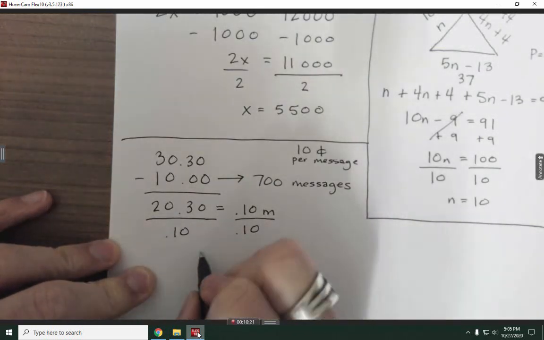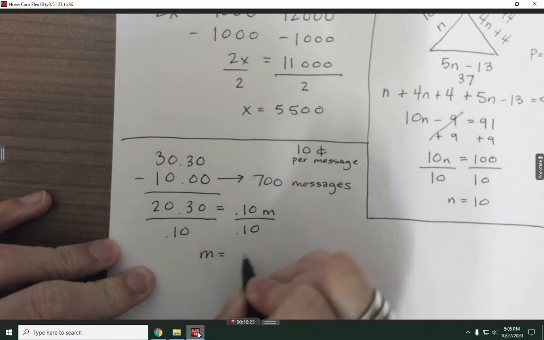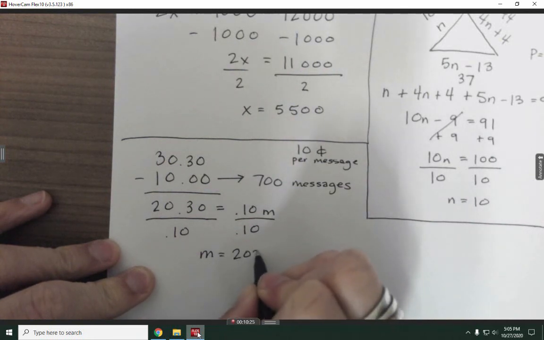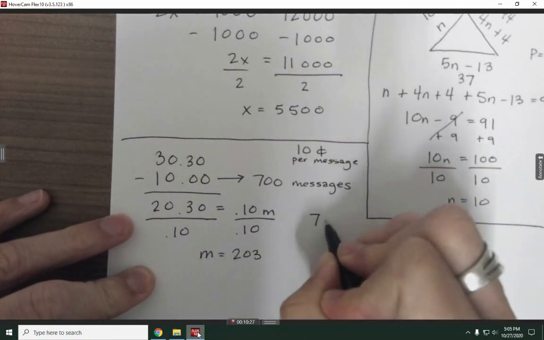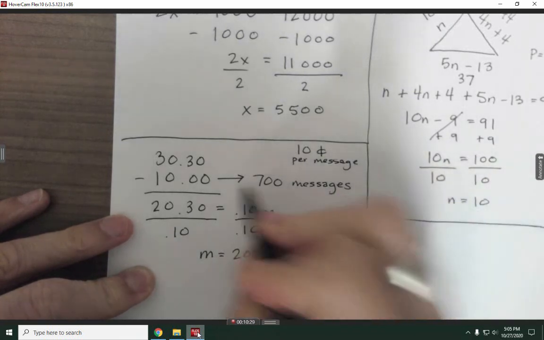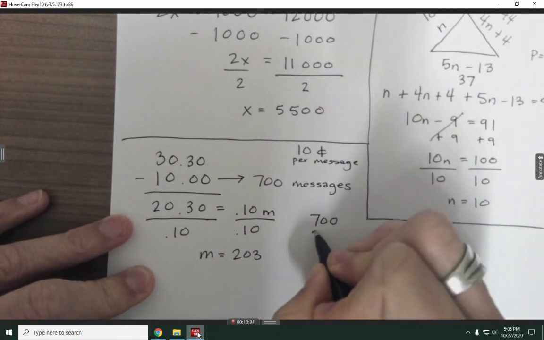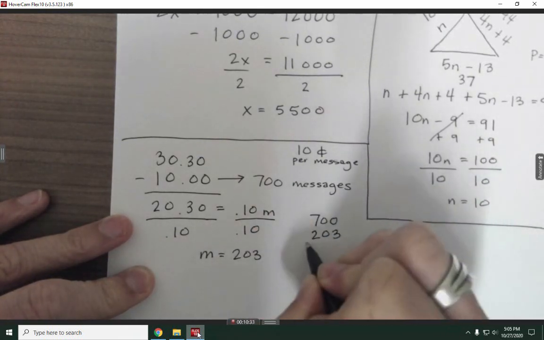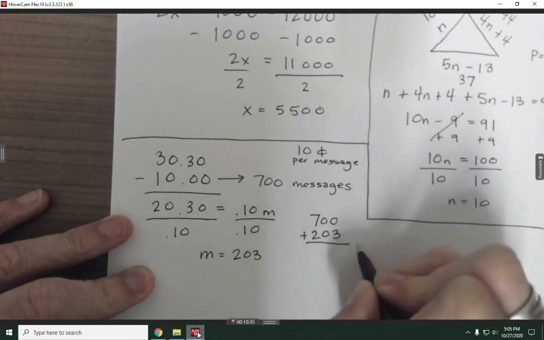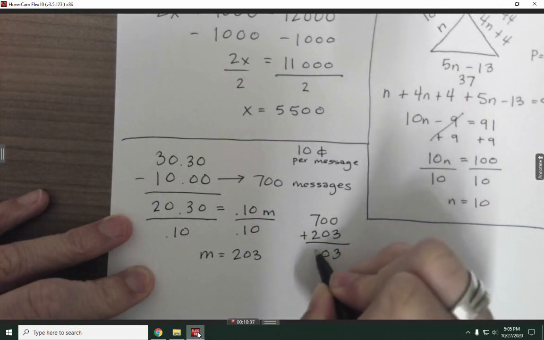And that turns out to be 203. Now remember, she started with 700 because that's what the $10 got her, so we need to add it to that 203 to get our total amount, and so that is 903.